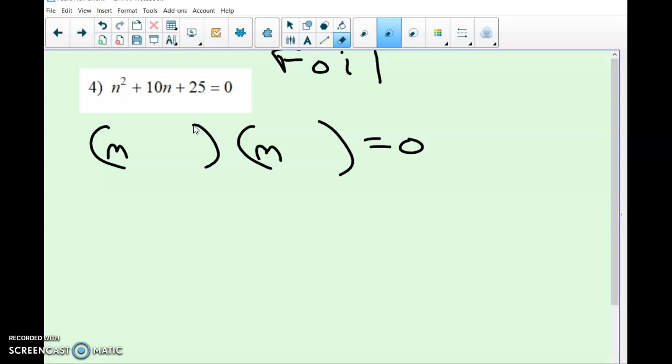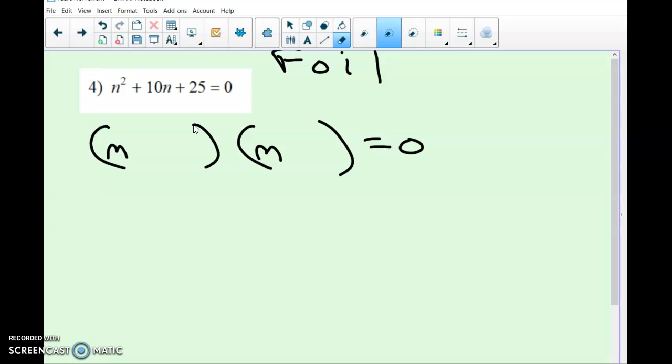I'm not really concerned about this middle term, the linear term. We'll use it later, but my biggest concern is the constant, 25, and what I get from that. I know I'm going to use the factors of 25, but it also tells me another thing.